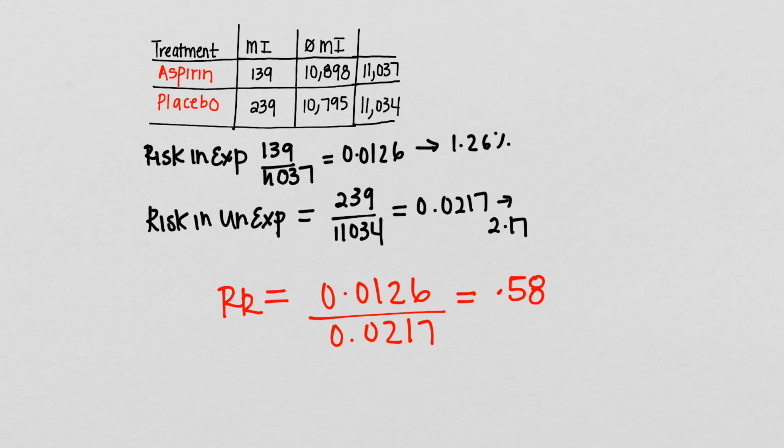So in essence, taking low-dose aspirin, if we were to interpret this, really honestly reduces the risk of suffering from myocardial infarction, at least in this particular group of patients.